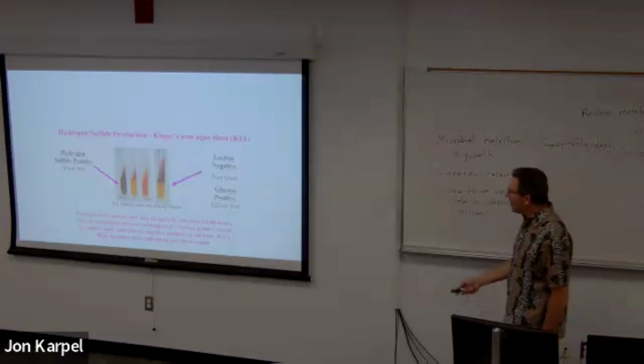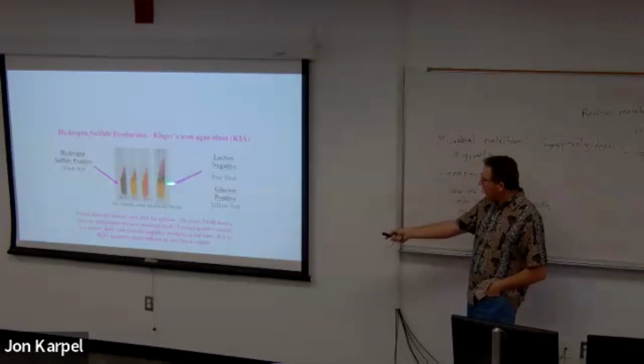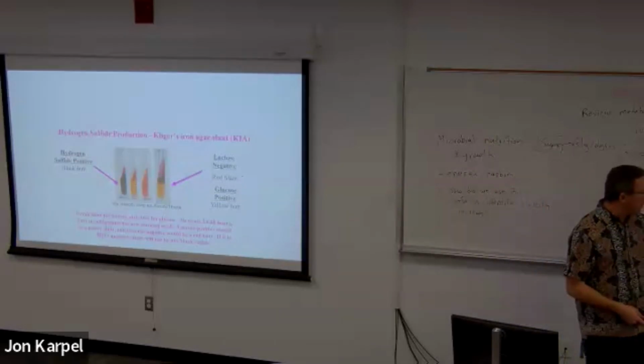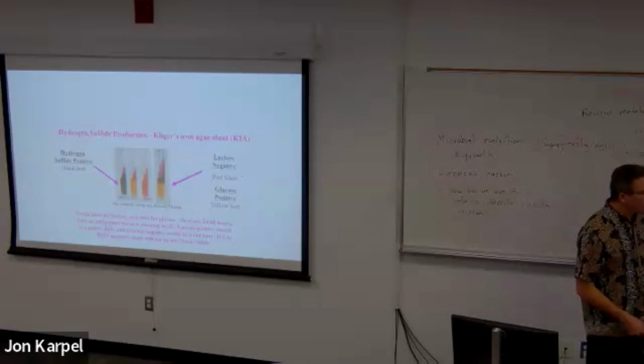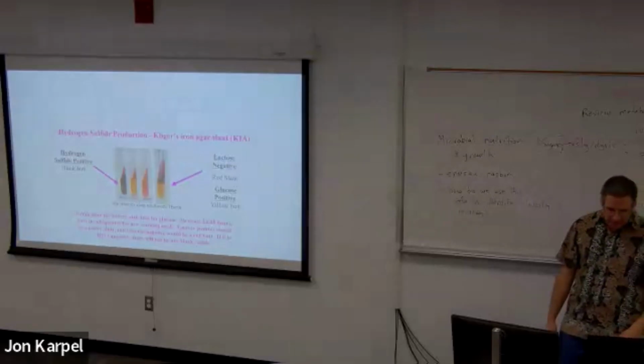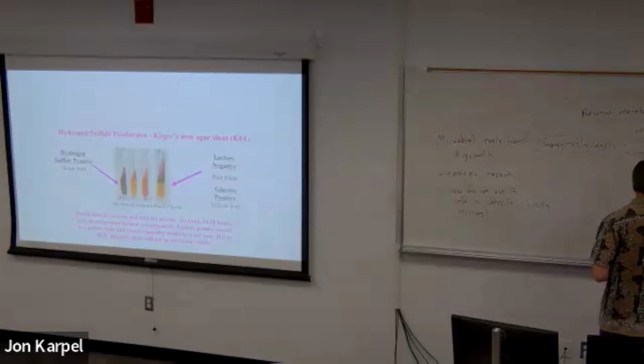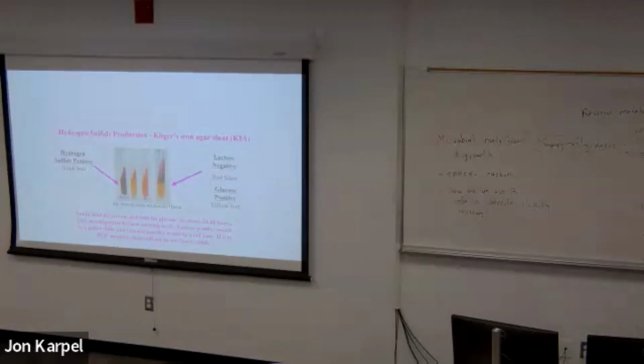Here's another one. This one's kind of cool because it looks to see whether they actually reduce iron. So really cool, it turns black. It's really easy to see the change in color there, okay? Kind of interesting. Oh, okay, so that's the payoff. When you're looking at these things, you want to think about the proteins or the enzymes involved.